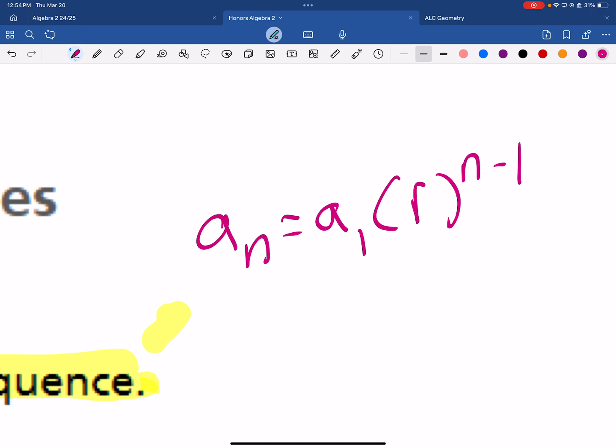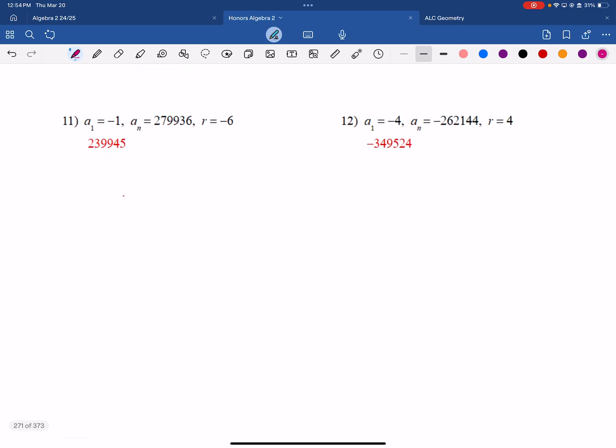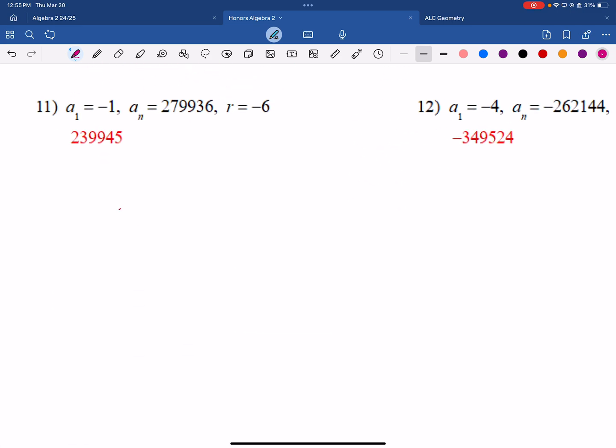So you got to go back to what we learned the other day in order to do this problem. So we're going to start with that. We're going to use the formula A of n is equal to A of 1 times our ratio to the n minus 1. And I know I have to do that because that's what I'm given.